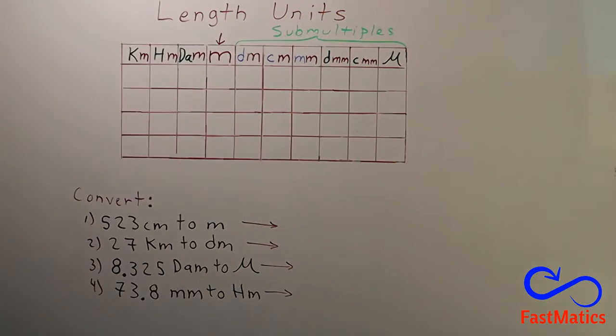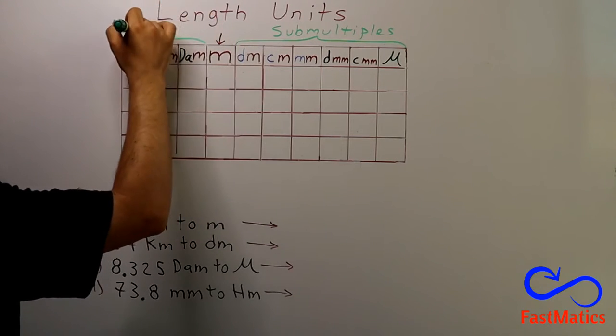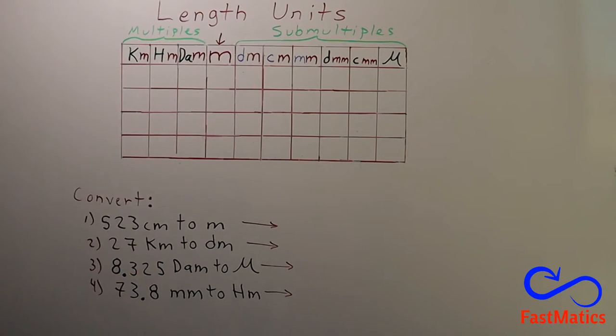That means quantities that are smaller than the meter. And to the left, we are going to have the multiples of the meter. Quantities that are higher than the meter.